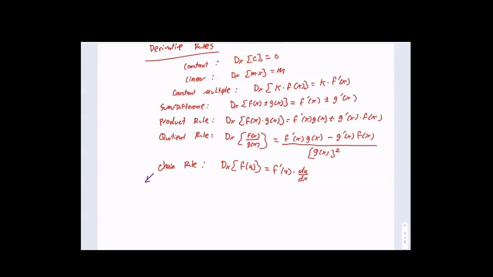And as a subset of the chain rule, we also technically had the power chain rule, such that the derivative of u to the n is n times u to the n minus 1 times du dx. But that's really just the chain rule being applied. All right.